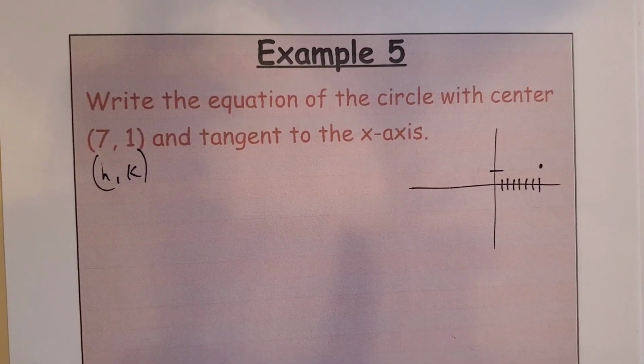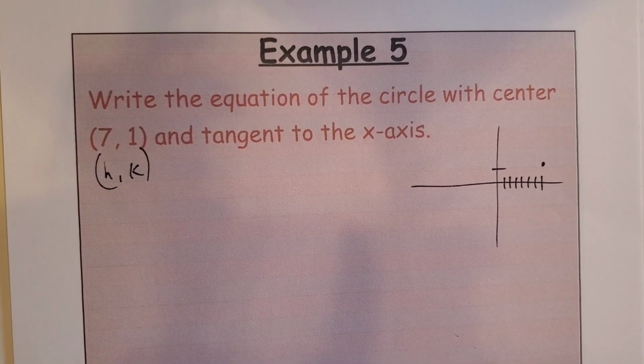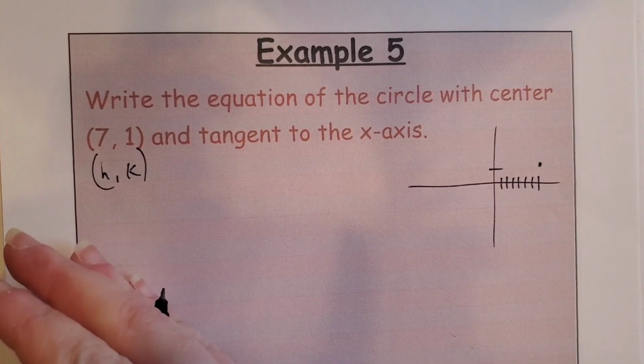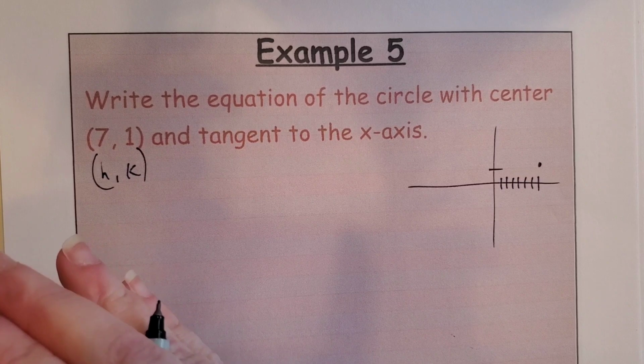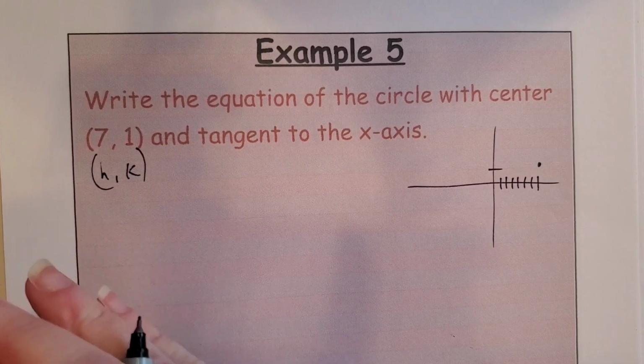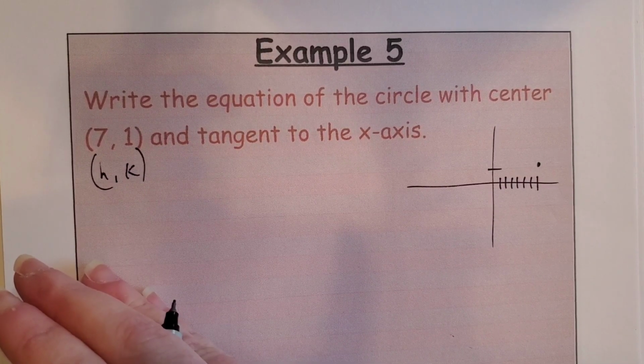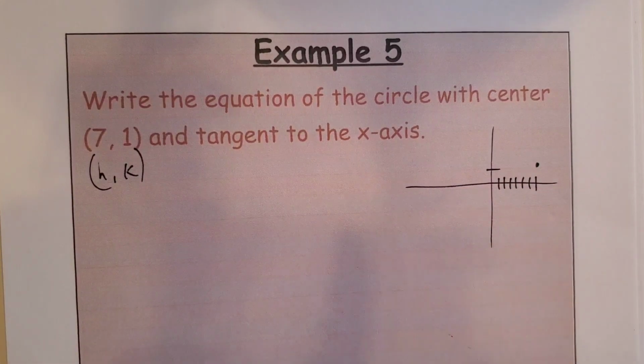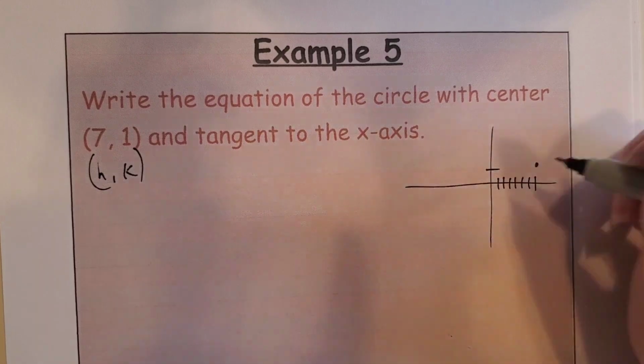All right. And what does it mean to be tangent to something again? Well, in terms of circles, when you have something that's tangent to a circle, it touches the edge of the circle at exactly 1 point. So if the circle is tangent to the x-axis, which is here, it touches the x-axis at exactly 1 point.